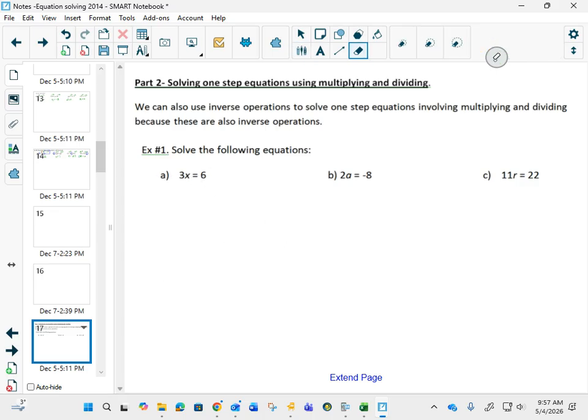Now, mathematically, as we get more and more complicated, we're going to want to show the steps. And the same idea is true. What you do to one side of the equation, you have to do to the other side. Because if they're equal, and you do something different to both sides, right?